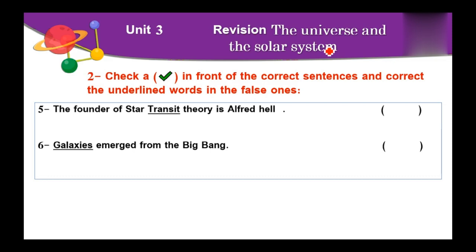So this statement is wrong and can be corrected: the founder of star modern theory is Alfred Hoyle. I will remove transit and put modern theory.